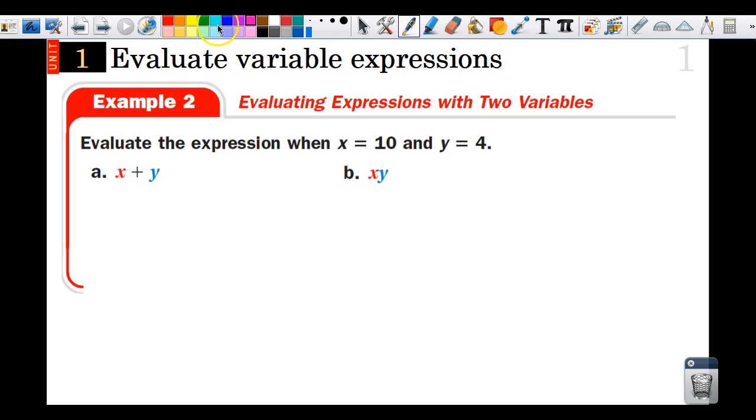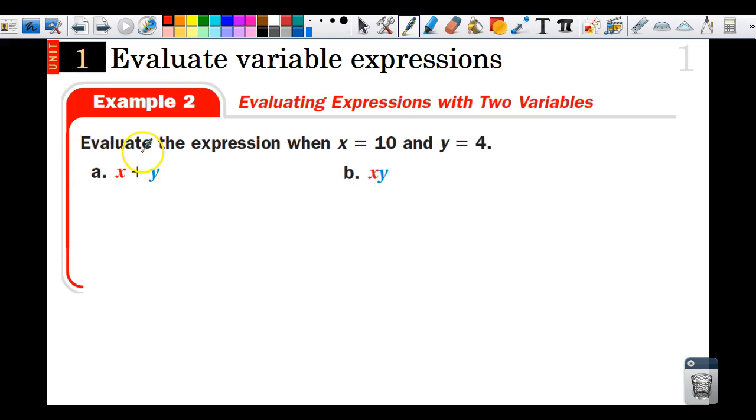Let's do a couple examples now. It says to evaluate the expression when x is equal to 10 and y is equal to 4. So for example, x plus y is a variable expression where x and y are variables. My operation is a plus sign. Now notice I don't have any numbers in here, I just have variables. That's okay, it's still a variable expression. Even if it doesn't contain any numbers, it still counts as a variable expression if there are variables and operations.